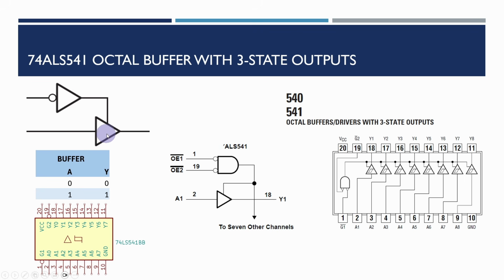But if we have problems when we're looking at the circuits, then sometimes we can find that if our signals controlling these buffers are incorrect, this is what causes problems when we've got more than one chip trying to drive the bus. And the one that we're going to be using here is, in fact, an ALS series, a 74ALS541.